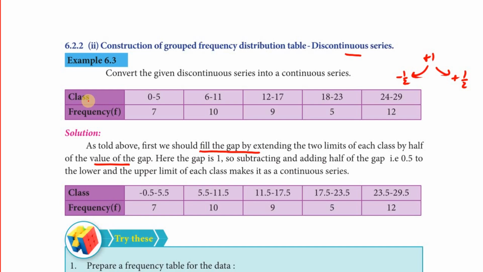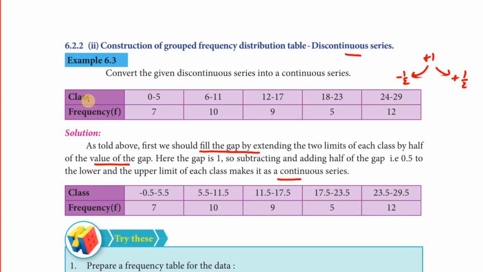So the gap is 1, so we subtract and add half of the gap. So 0 minus half becomes minus 0.5, 5 plus half becomes 5.5. So you see, this is our continuous series. We have made this into a continuous series. Understand?